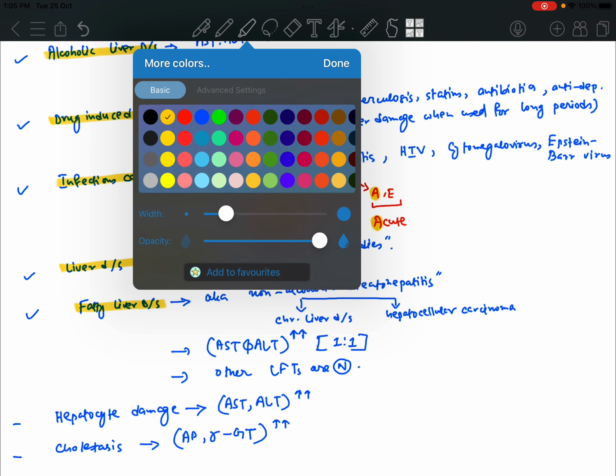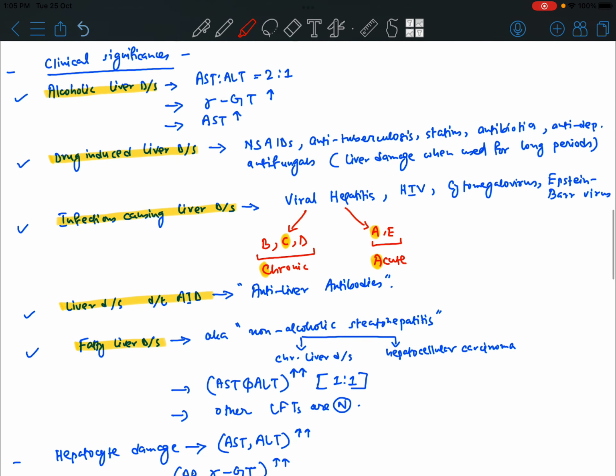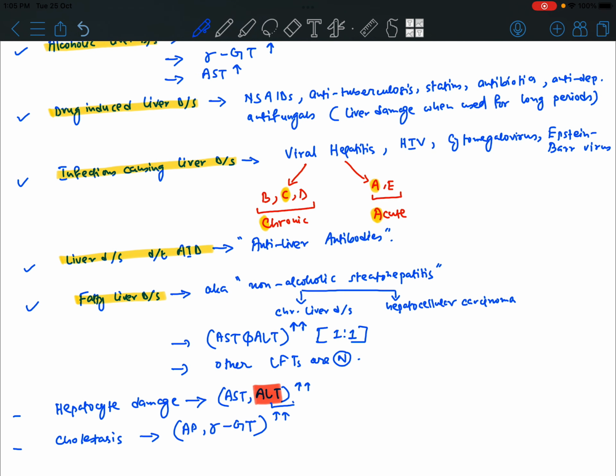So it indicates specific liver injury, AST not. So ALT is specific to liver injury, or liver disease.